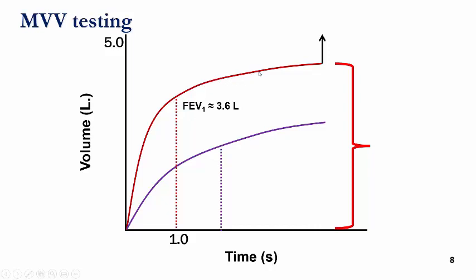and then the remaining air that does eventually leave the lungs still leaves, but it starts to slow down and it trails off to this level right here. And so the difference between the amount of air that's pushed out and the air that's left in, you'll notice that this line does not extend all the way up to 5 liters, is the residual volume.